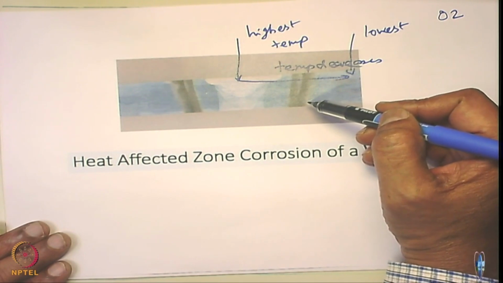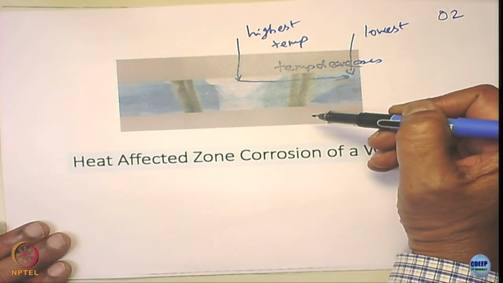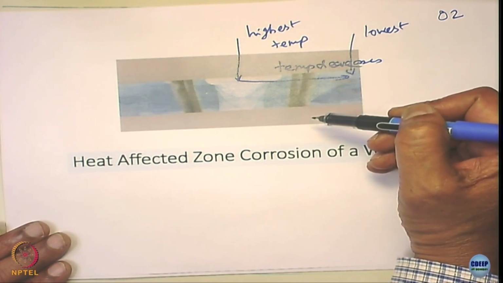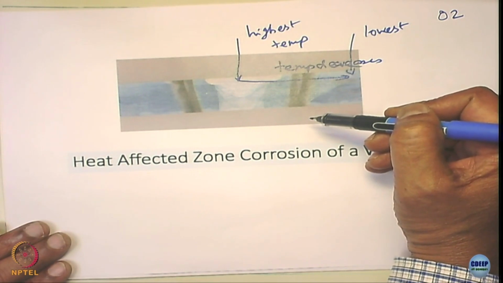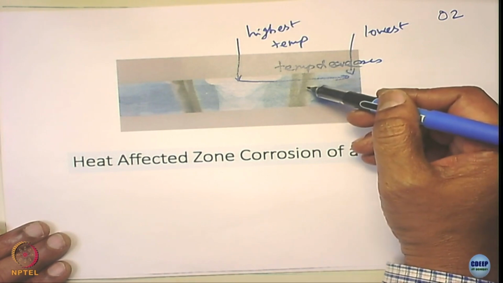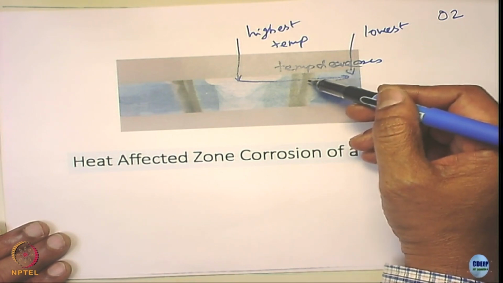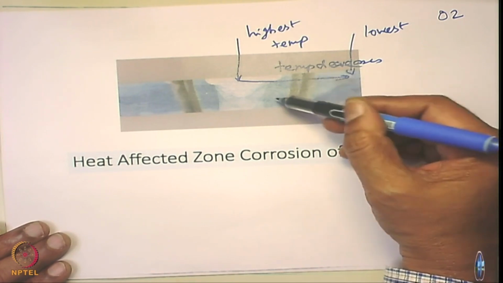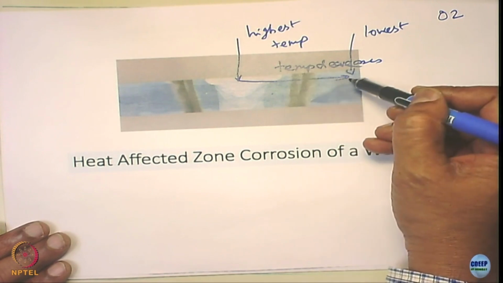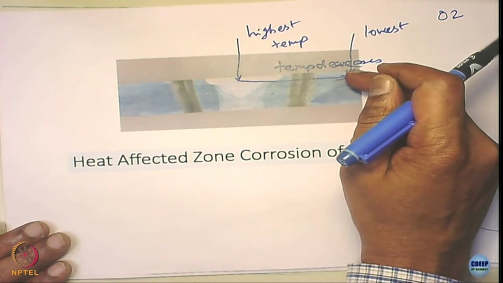Actually, the heat affected zone is generally categorized as what? That zone where no melting takes place, but there is some solid state, metallurgical transformation. The metallurgical transformation occurs only here, not even here, it happens here. It does not happen here, of course, at lower temperature nothing happens.